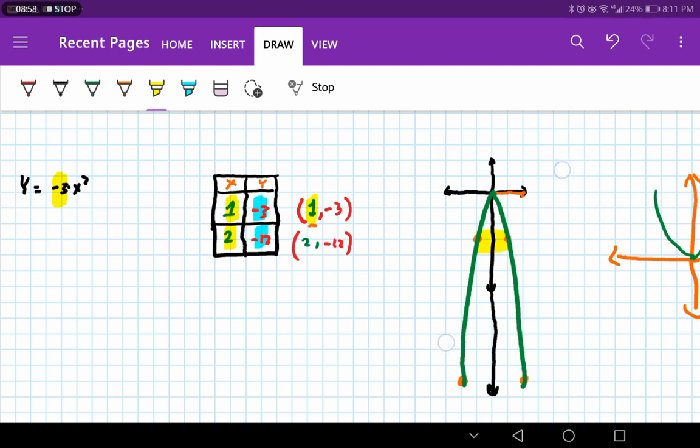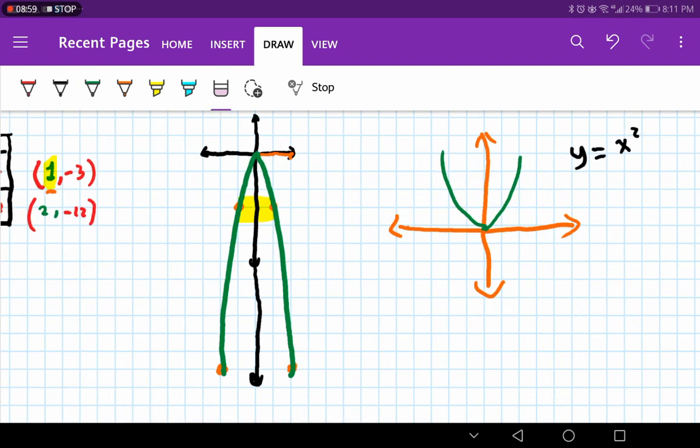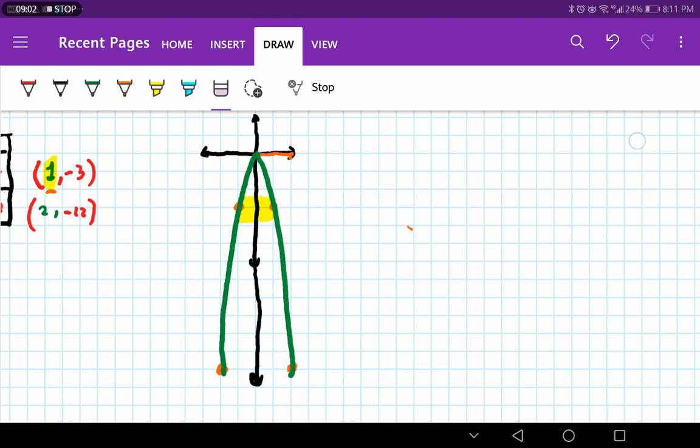Okay, good. Now, he will ask me about the domain and the range. Before that, it has a vertex, and this vertex is (0, 0). And this vertex is a maximum point. How is it a maximum point? Because it is the maximum regarding all the points on the graph. You see, it is at the top.